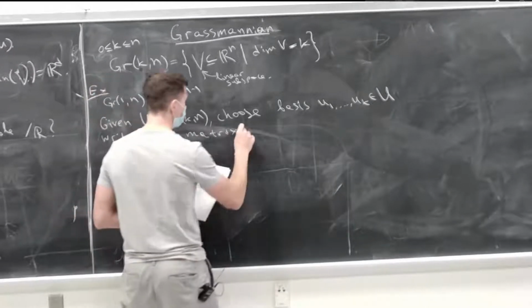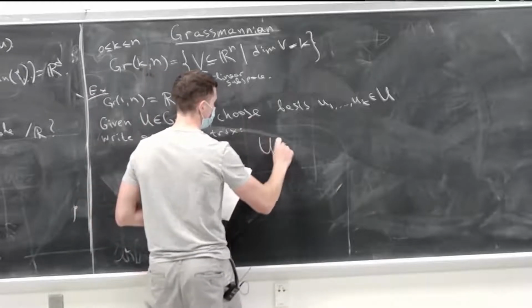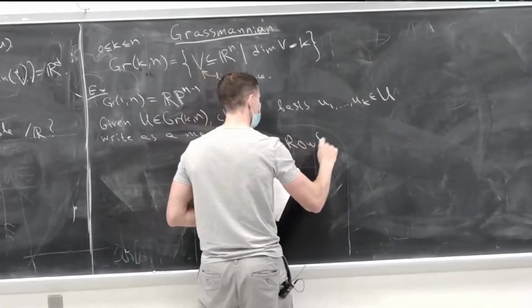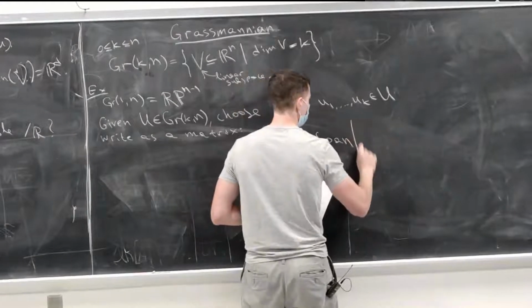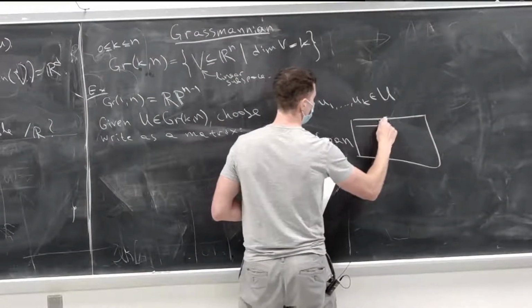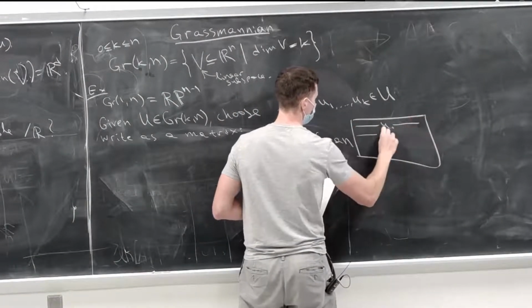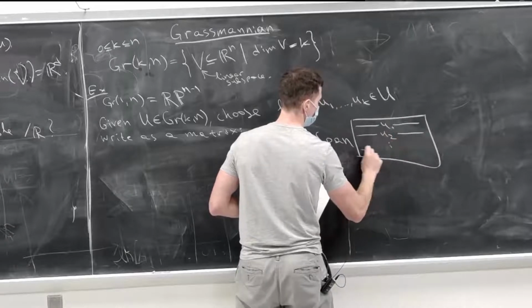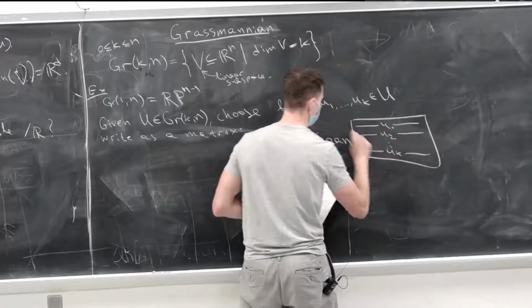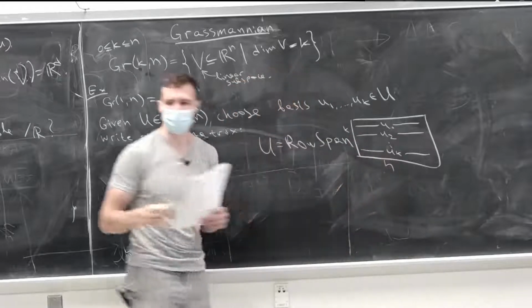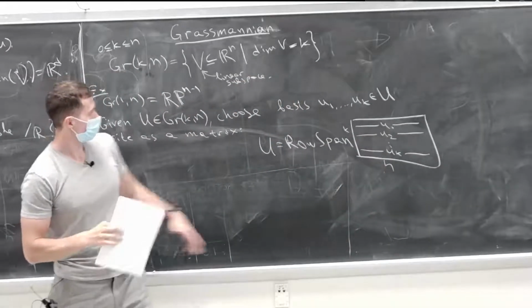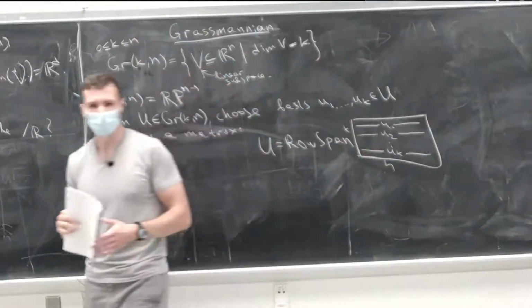U is the row span of a matrix where the first row is U1, then U2, all the way up to UK. It's a K by N matrix of full rank.